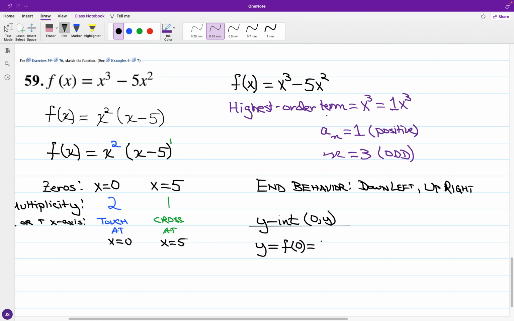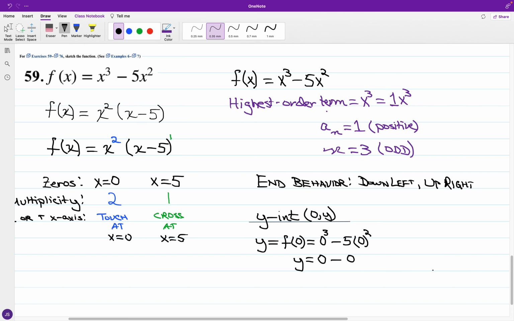Again, we have x cubed, the cube of 0, and minus 5 times the square of 0. So 0 cubed is 0, and 0 squared is 0.